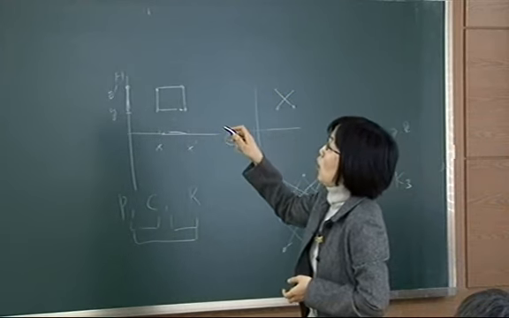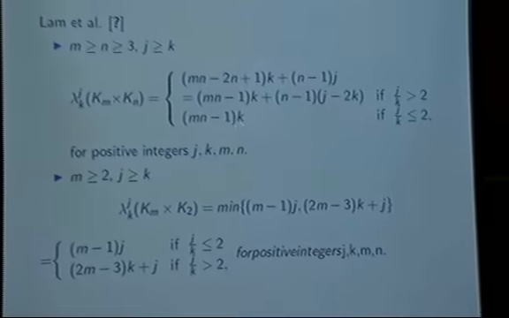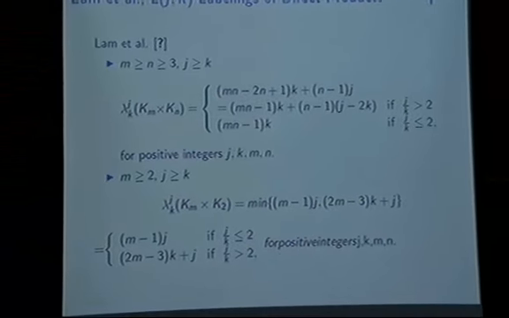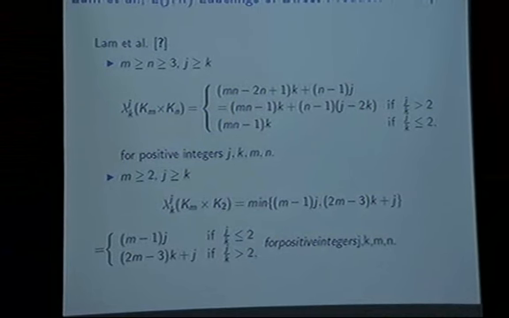So when j is at most 2, this is actually the possible optimal value, because every vertex must have different labels. Here k is 1, and any two vertices have distance at most 2, so their labels must differ by at least k.